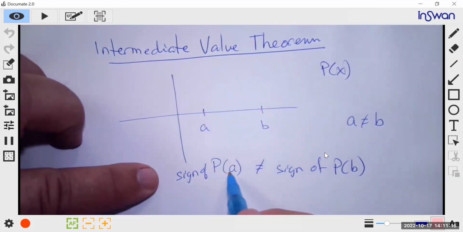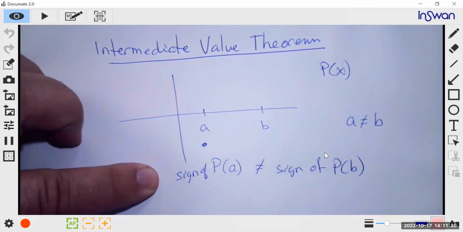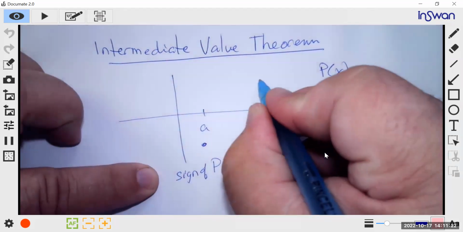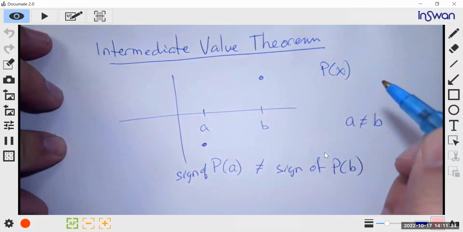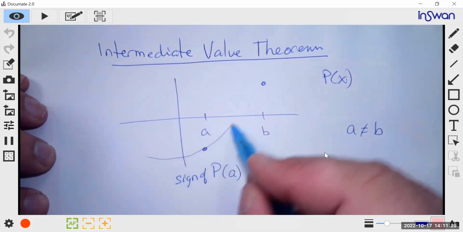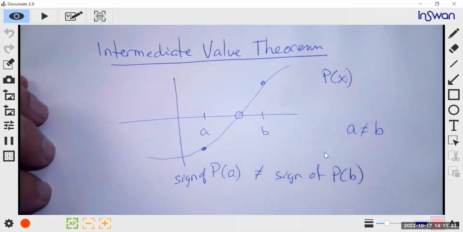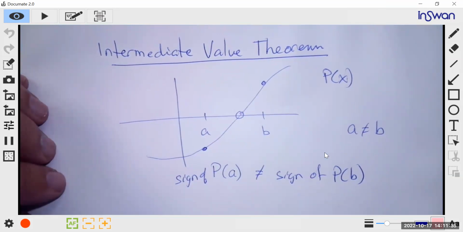In other words, let's say at P of A, the answer is negative. And that means at P of B, it's positive. Remember, it's a continuous function. So between these two, what has to happen? We have to have an x-intercept, at least one.